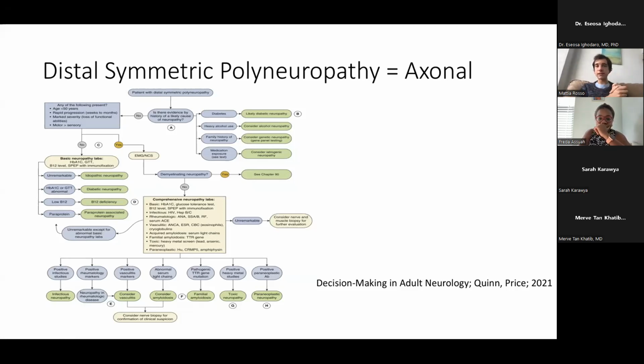B12 deficiency, I haven't seen too much of it. And when it's present, it's severe, but it's still something that's easily reversible, right? So that's why we check it. And the last thing is an SPEP with immunofixation. What we're looking for there is a paraprotein, a monoclonal spike.